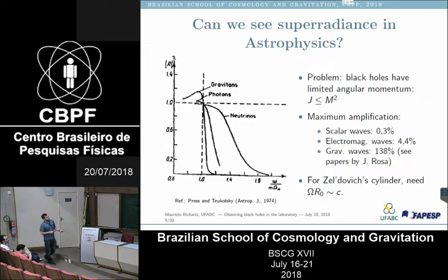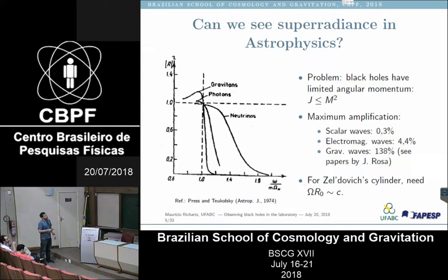Some other problems are that for scalar waves, even if you could find them easily and do experiments with them, the amplification coefficient would be very small. For electromagnetic waves, it's a bit bigger. Maybe you could see this, but then you also have to filter it out from all the other phenomena that are happening.